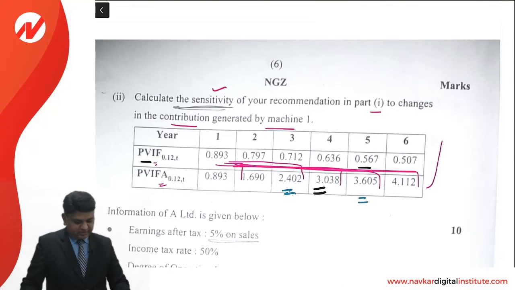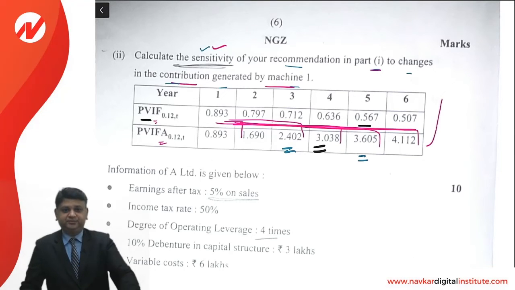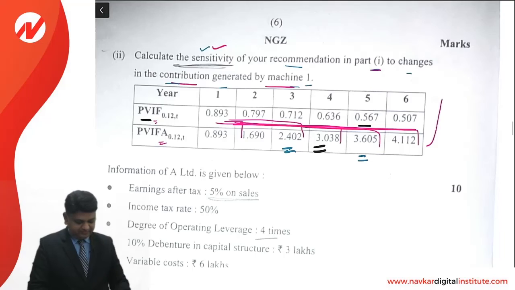Now second part of the question. The question says, calculate the sensitivity of your recommendation in part 1 to the changes in the contribution generated by machinery 1.